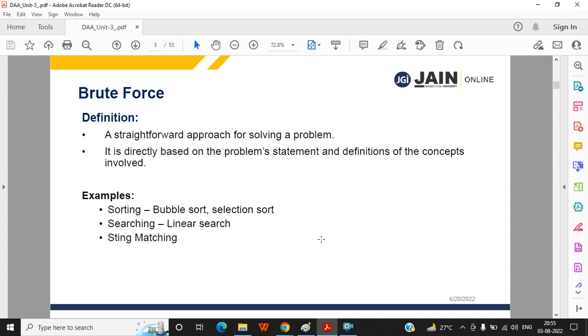If you are not able to find any efficient solution for a problem, then ultimately you will have the brute force technique. Just go for every possibility and take one route. That is called the brute force technique. So, applying brute force technique, you can say that we find a feasible solution, not the best solution.